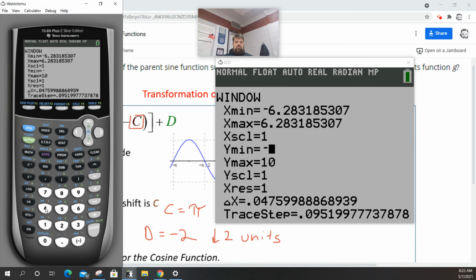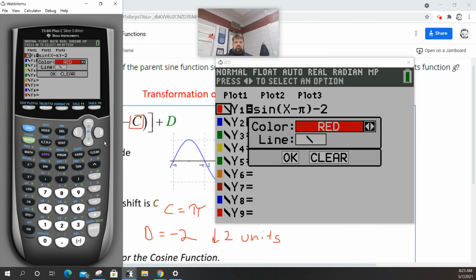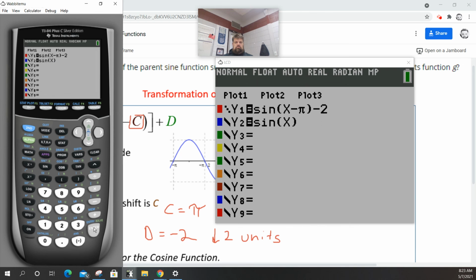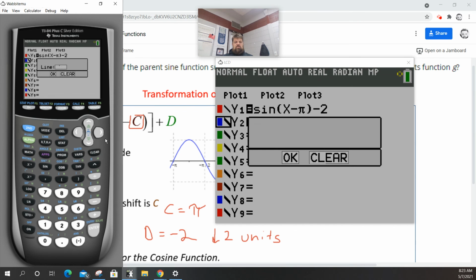See, I'm like one of the students. 4. And then lastly, I'm going to change this to like a dotted line. Now I want that one to be solid. I want this one to be dotted.